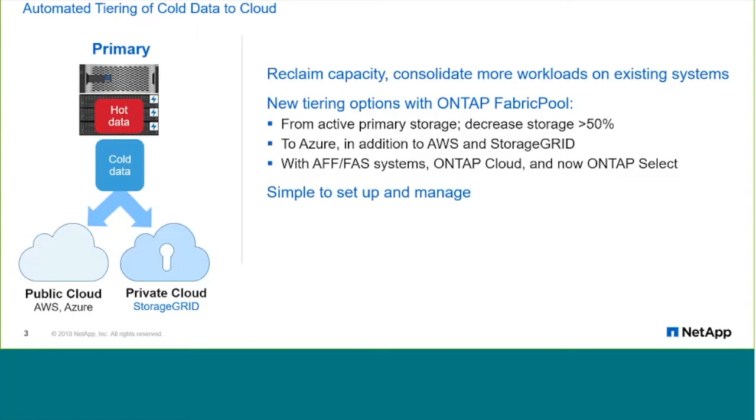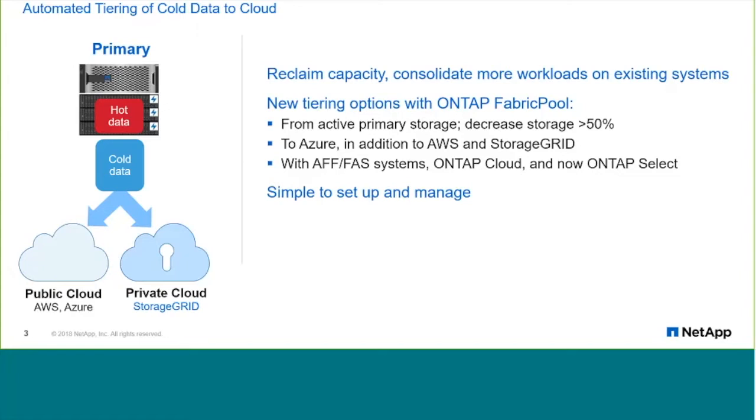So you can still realize that by having those hot workloads living on flash. But FabricPool gives us the option to move those cooler workloads off to a place that's much more cost effective.